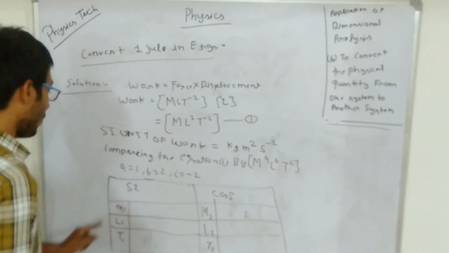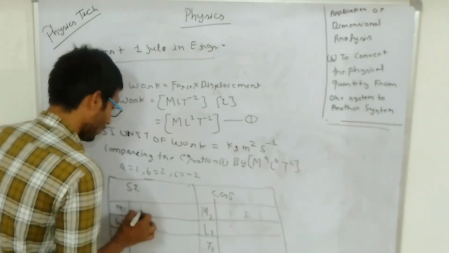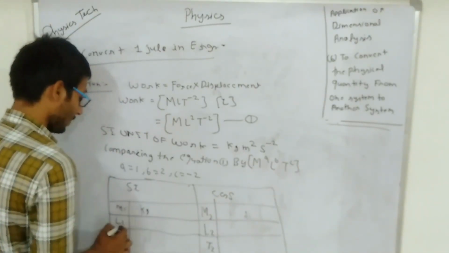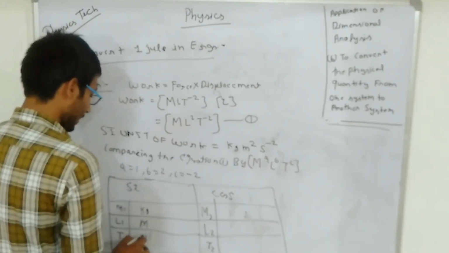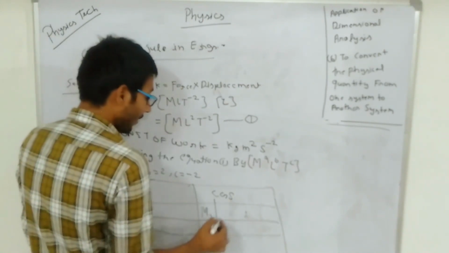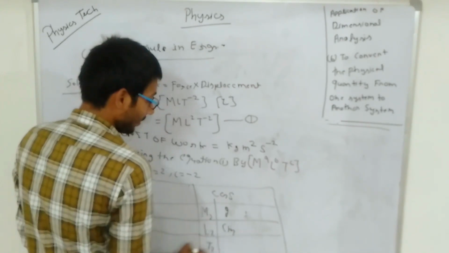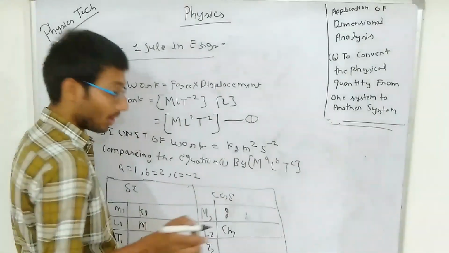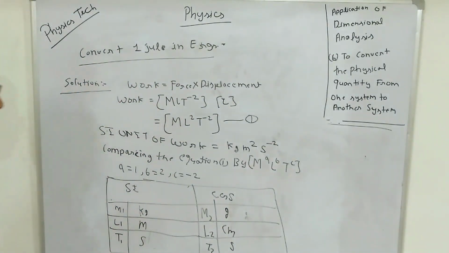What is the value of M1? M1 is in kg, L1 is in meter and T1 is in second. The value of M2 is in gram, L2 in centimeter and T2 in second. So please take a note.